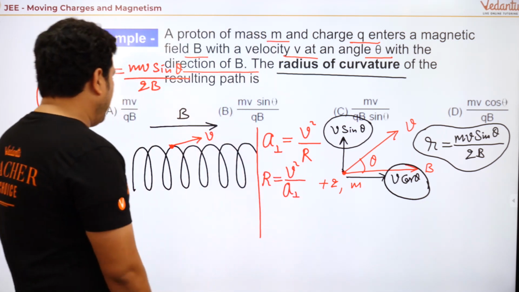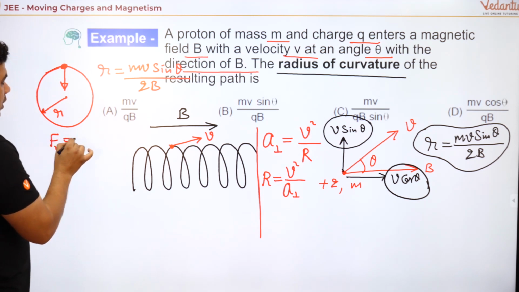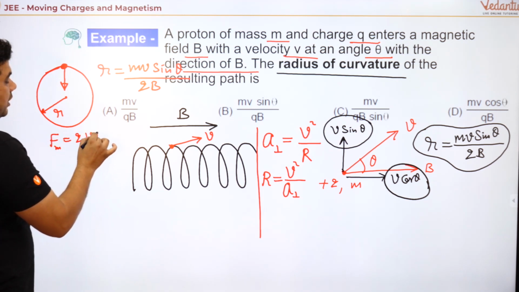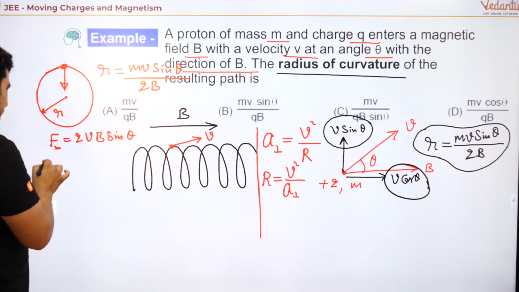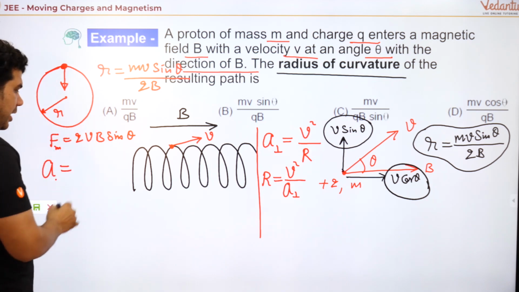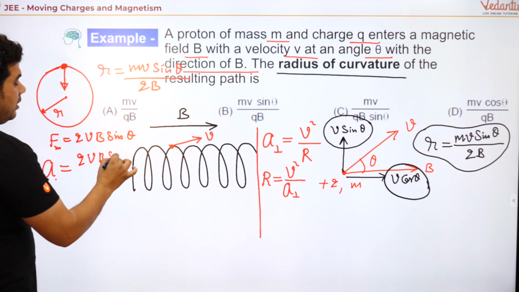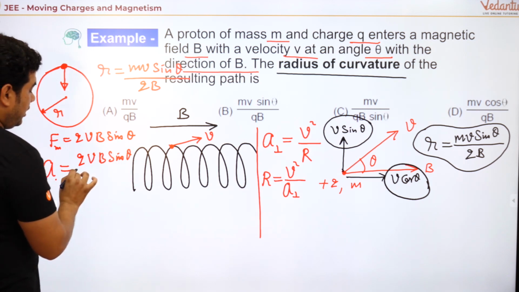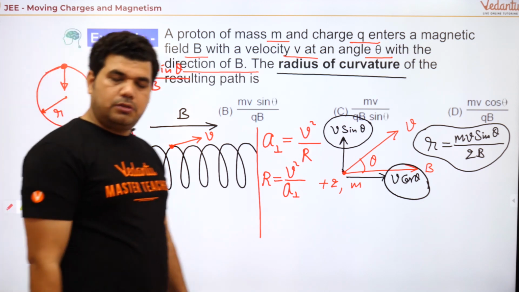So, if the magnetic force F is equal to qvB sin theta, what is the acceleration? Acceleration is force divided by mass. So you can say qvB sin theta divided by mass. This is the acceleration. Right?